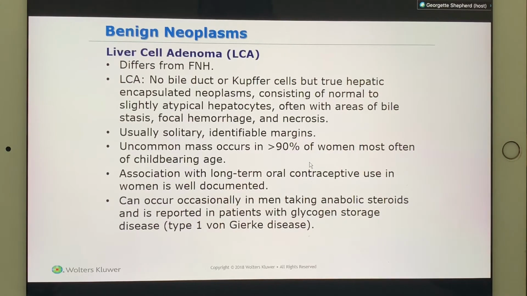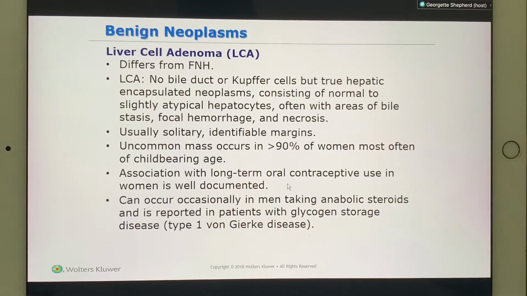And again, it's an uncommon mass, but it affects women of childbearing age. It is associated with birth control pills. It can also occur in men that take steroids, or in people that have type 1 glycogen storage disease, which is called Von Gierke's disease. So it is a benign tumor, correct? It is a benign tumor. Okay.